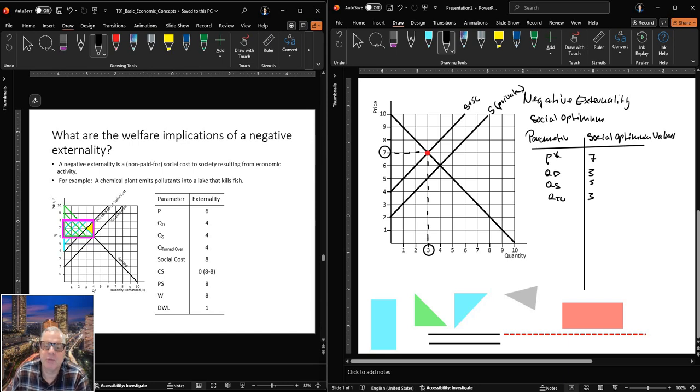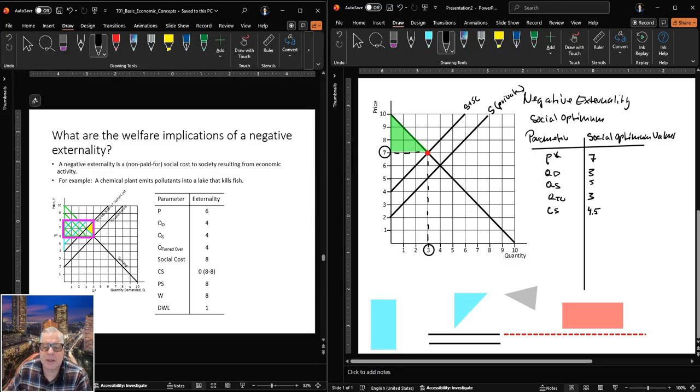So how big should consumer surplus be? Well, consumer surplus should be this one here. So consumer surplus should be 3 times 3 over 2, which is 4.5.